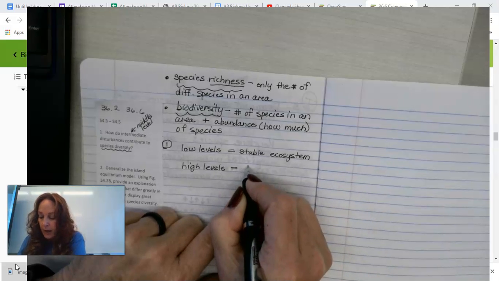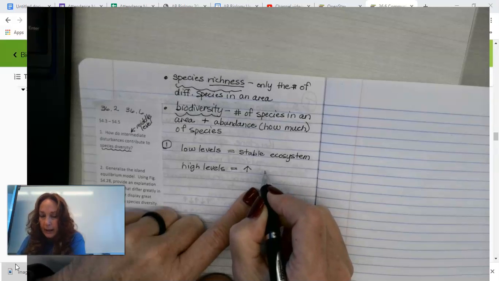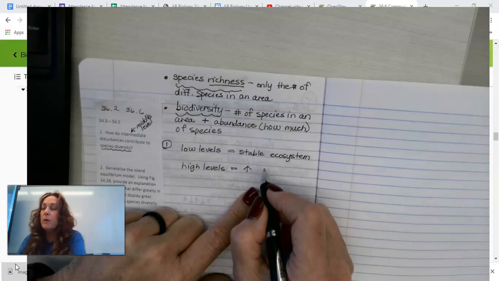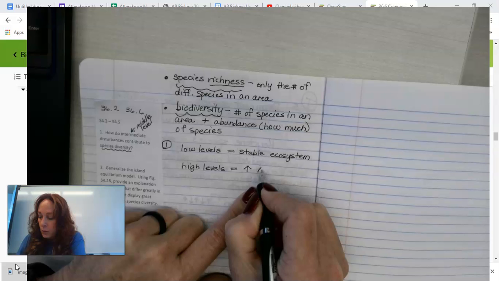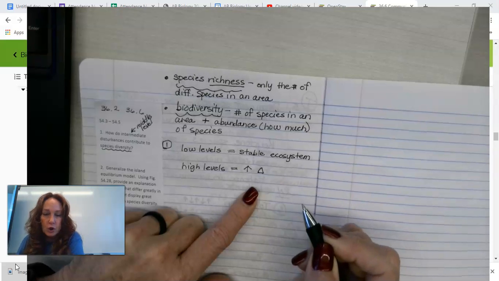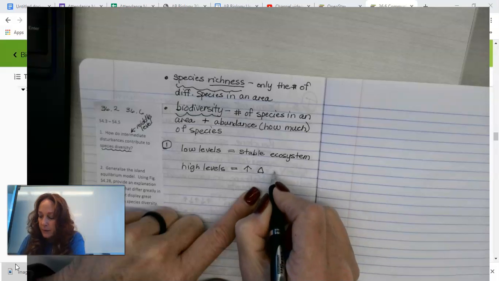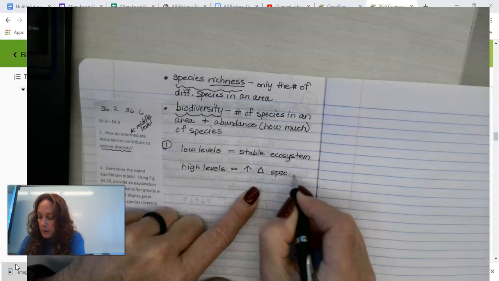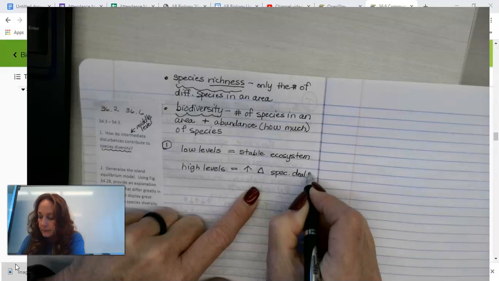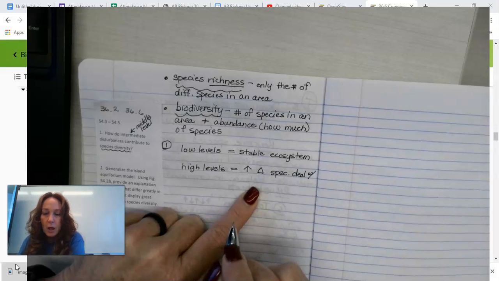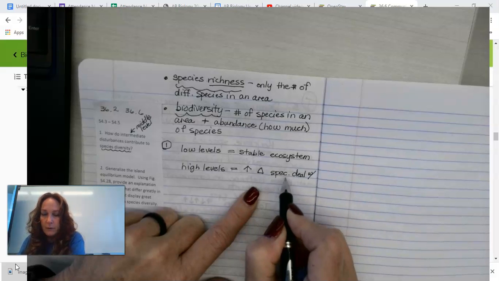So you have high amounts, and I'm the queen of not writing a lot of notes because I want to be able to listen and write. So this is the symbol in math for change. So there's a high amount of change that species deal with. They're constantly dealing with all of this change.